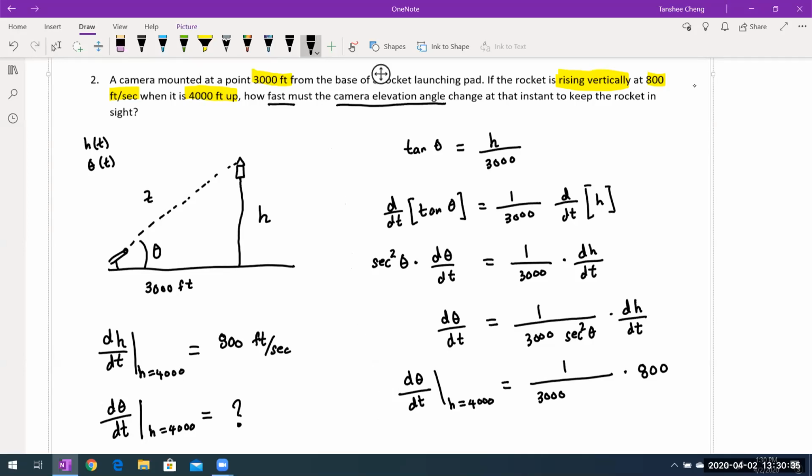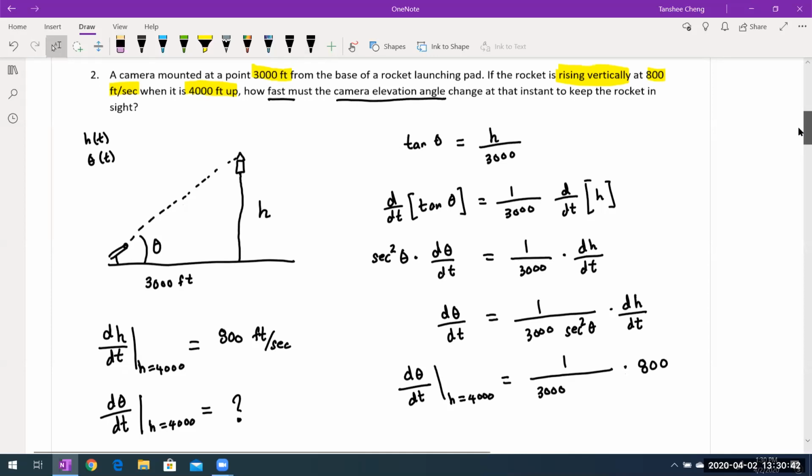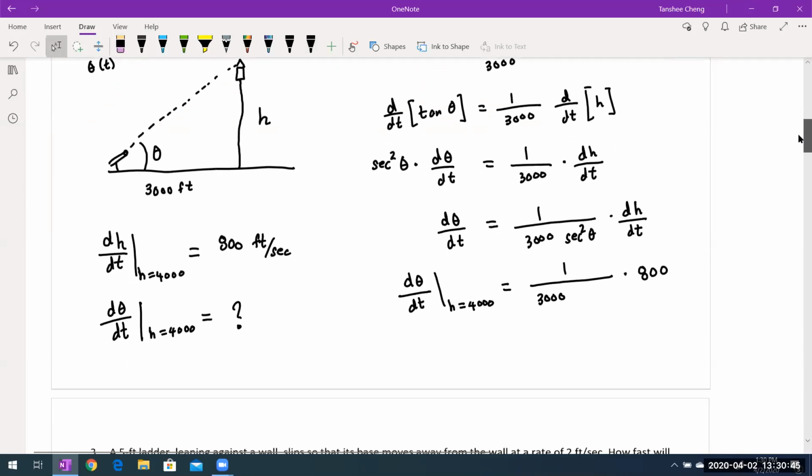Now I can look at this picture this way. We have a fixed portion now: this is 3,000 and this is 4,000, because we are talking about a particular height at this point. We need to know what z is, the hypotenuse, so that I can talk about angle θ in terms of the ratio of the right triangle.